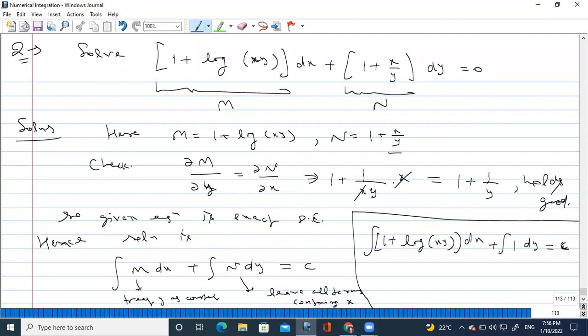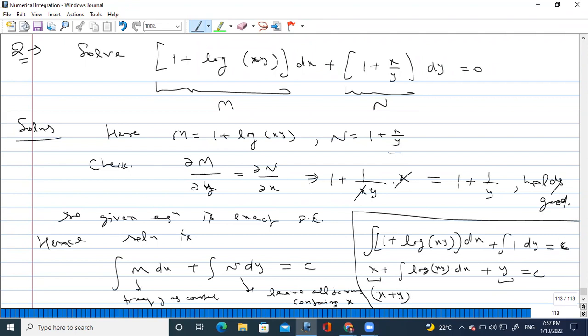Now you can integrate it. It can be broken into 1 dx and log xy dx. So 1 dx will give you x plus integral log xy dx, and plus integral 1 dy is equal to c. So this is x plus y. Now what is the integral of this?